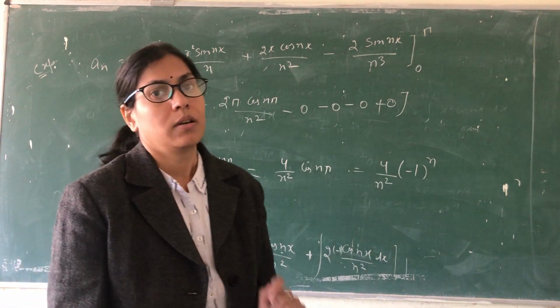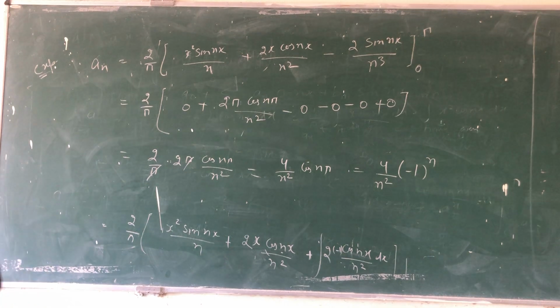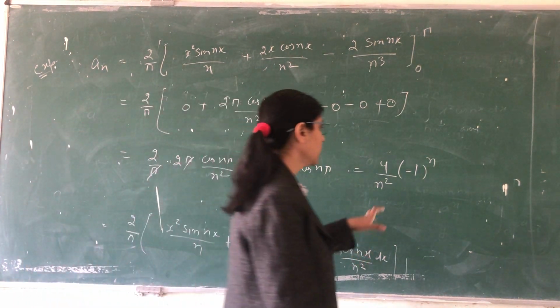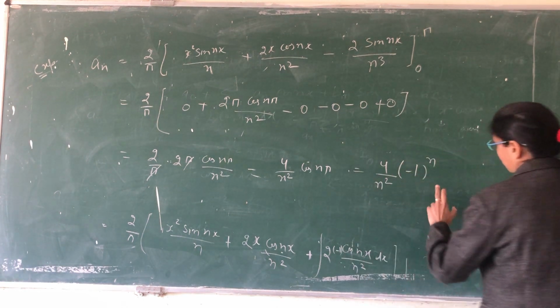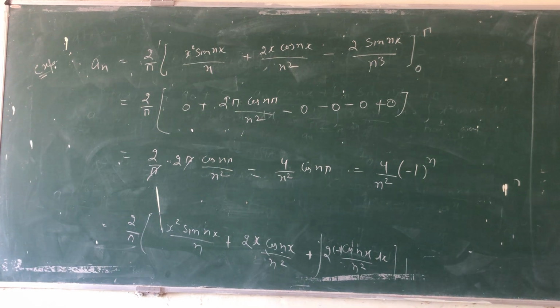Cos of pi is -1, cos of 2 pi is 1, cos of 3 pi is -1, cos of 4 pi is 1. So we can write this as 4 upon n square into minus 1 raised to the power n. This is our a n.